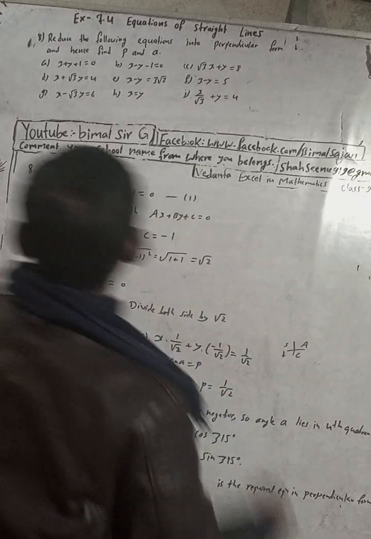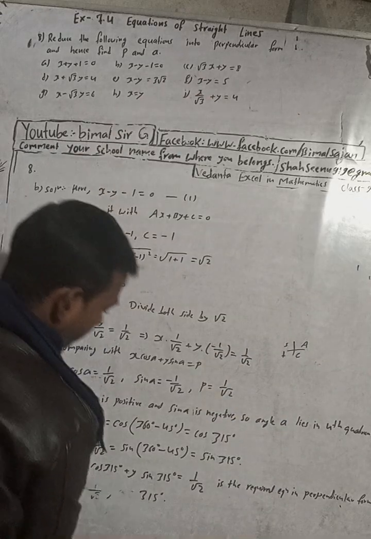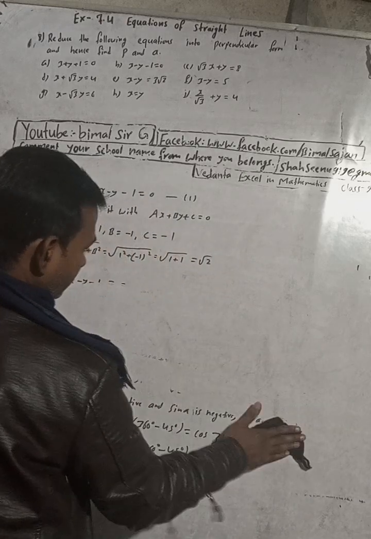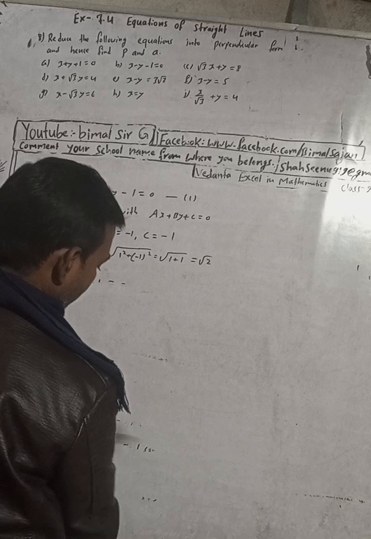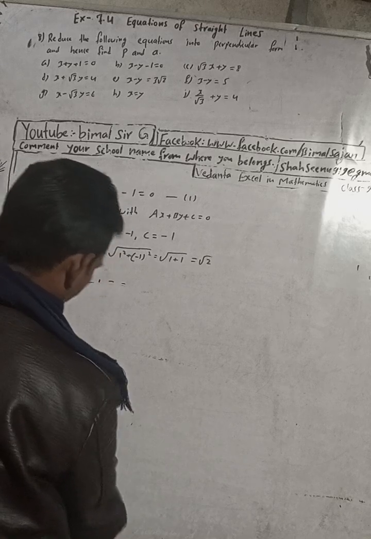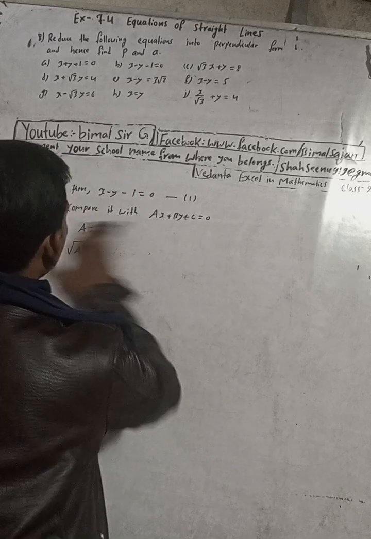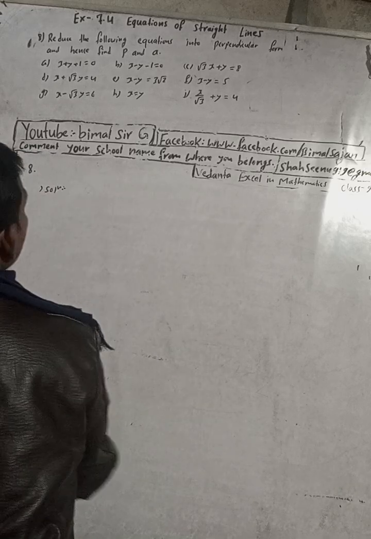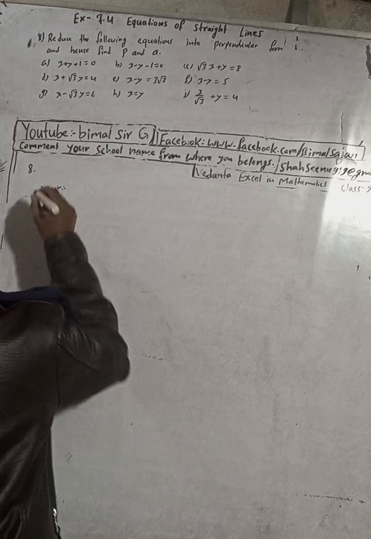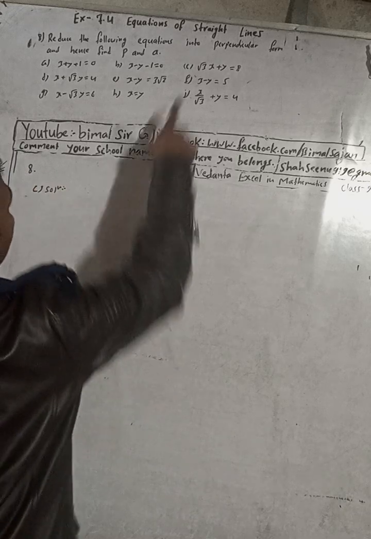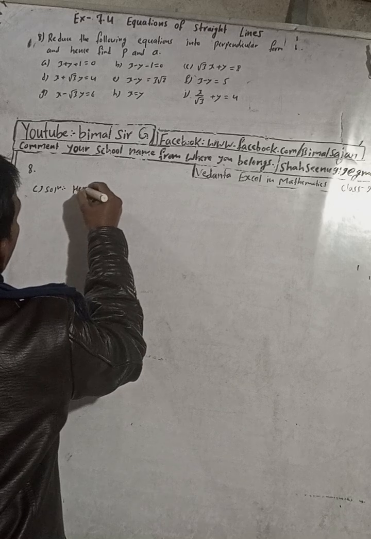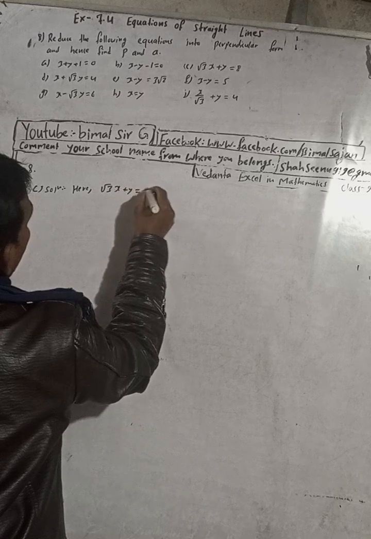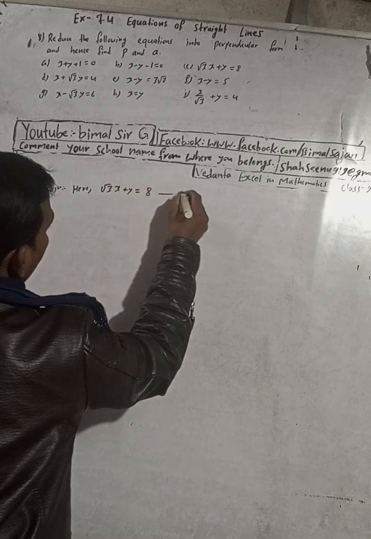Now, part C. The equation is root 3 x plus y is equal to 8, equation 1.